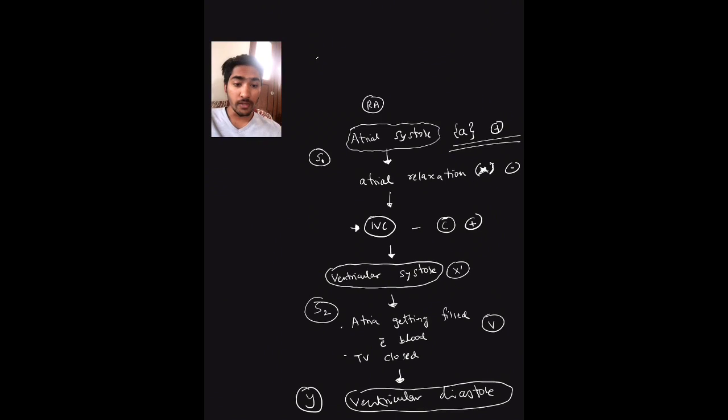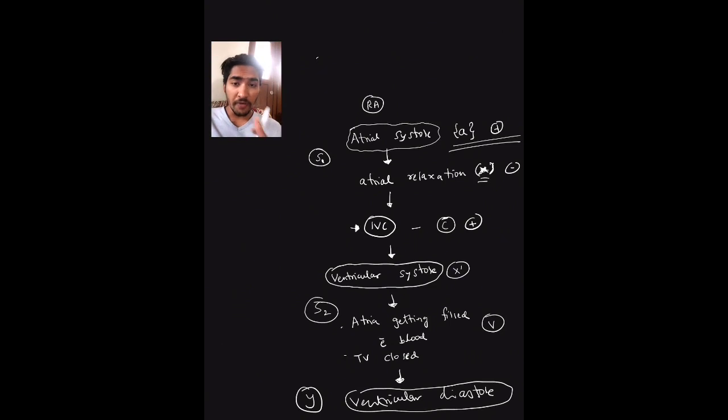Now the atria has to relax, that produces your X wave, that is the first negative wave. Now there is a phase called isovolumetric contraction, because the atria has emptied all its blood into the right ventricle.